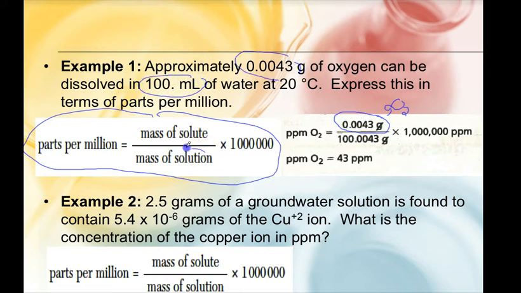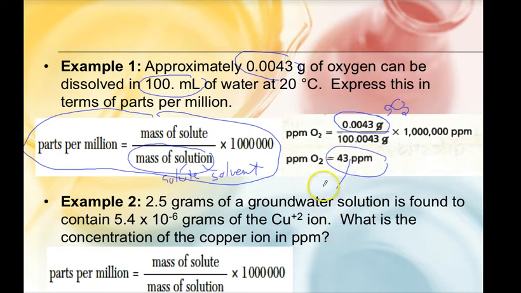That's because the bottom is the mass of the solution, and the solution is both the solute and the solvent. So you have to add both of them together for the bottom number. So the mass of the solute is 0.0043 grams, not a lot at all, over 100.0043 grams of solution. Divide that, multiply by a million, and you're going to get 43 parts per million.